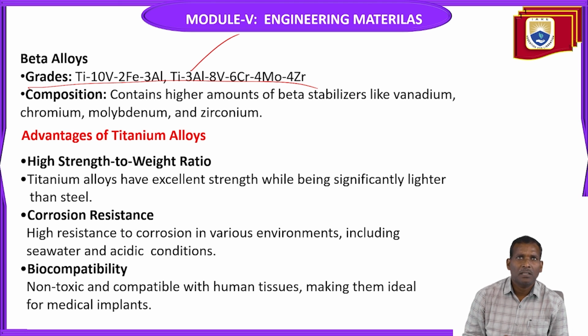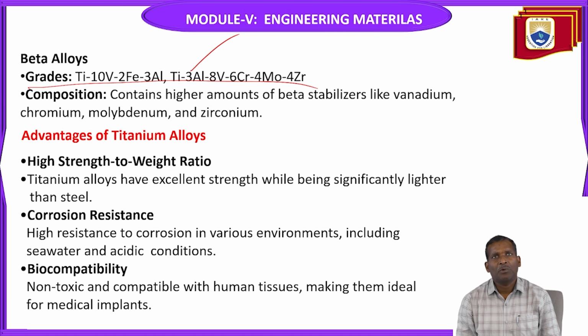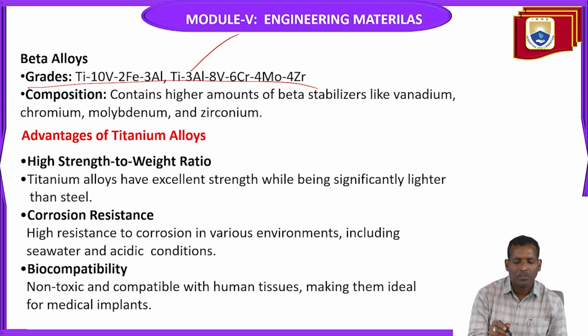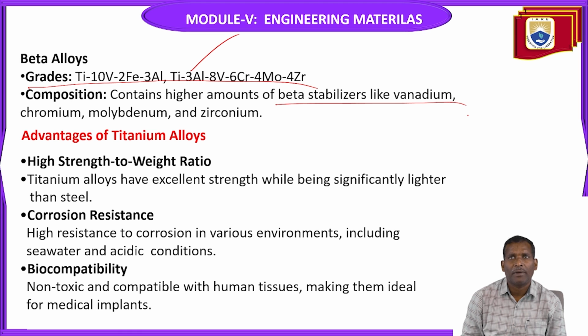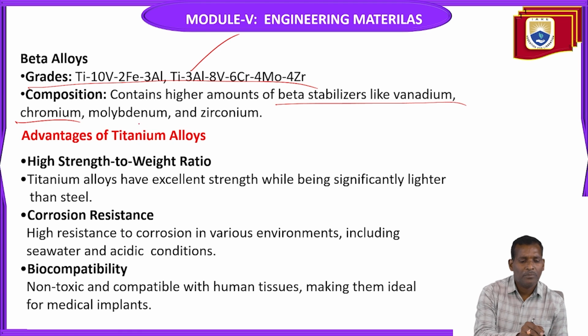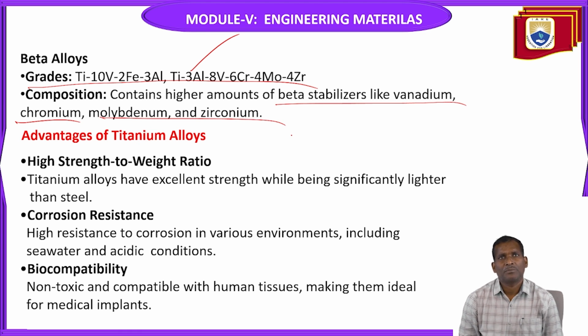Titanium is the base metal and other alloying elements are vanadium, molybdenum, zirconium, chromium to enhance the properties. The composition contains higher amounts of beta stabilizers like vanadium, chromium, molybdenum, and zirconium.